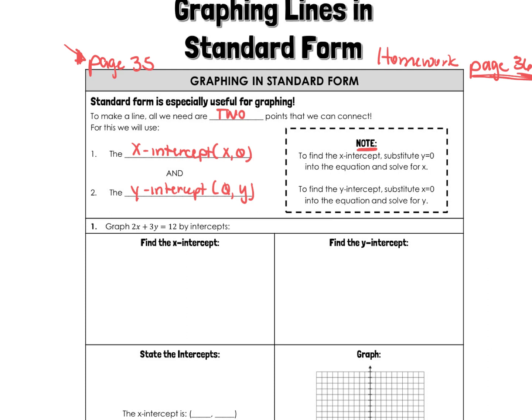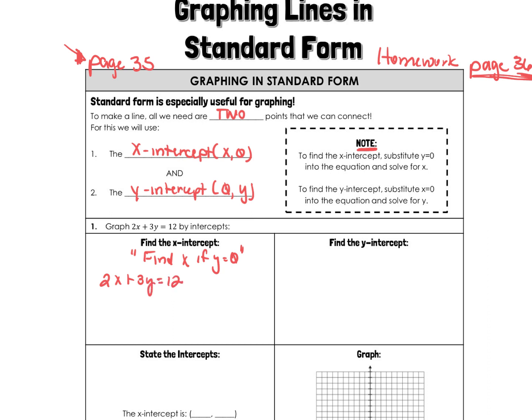So we'll do this one together. Graph 2x plus 3y equals 12 by the intercepts. So to find the x-intercept, that means to find x if y equals 0. So we have 2x plus 3y equals 12.